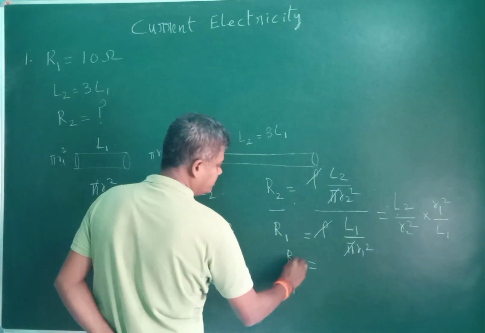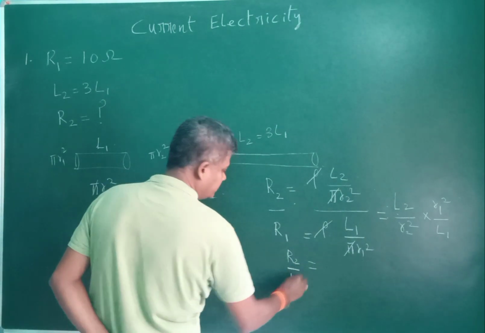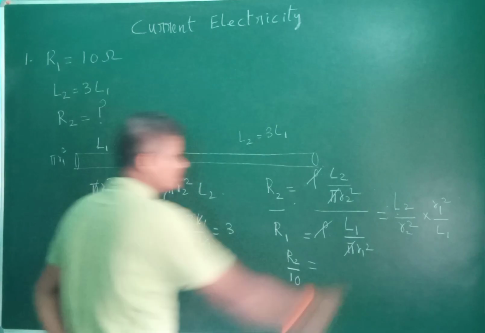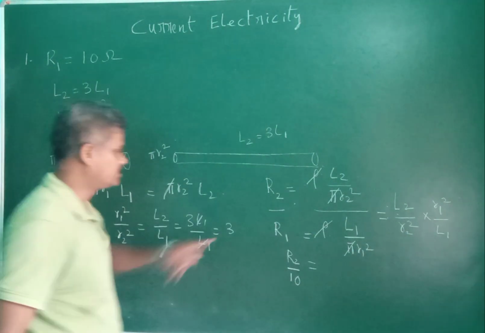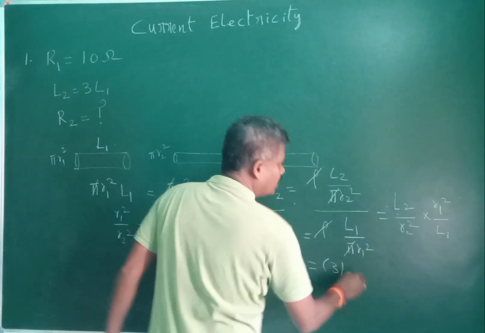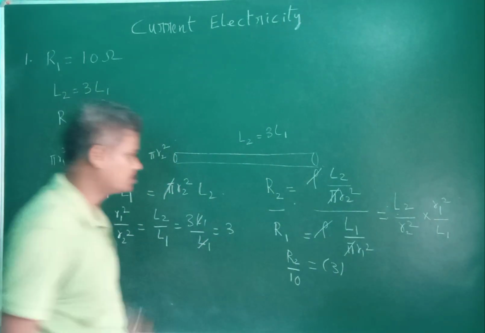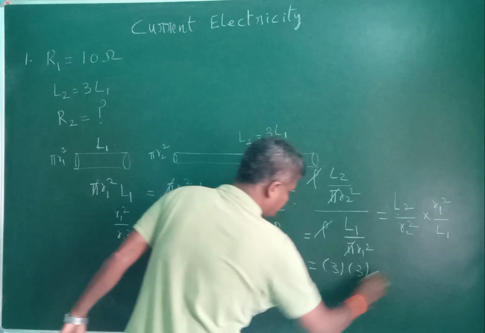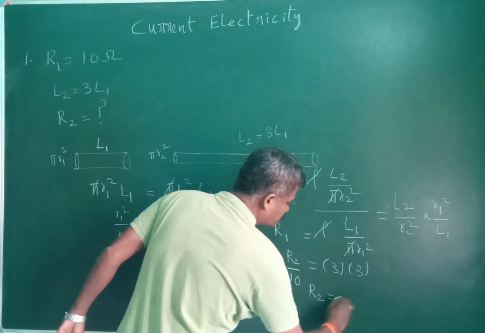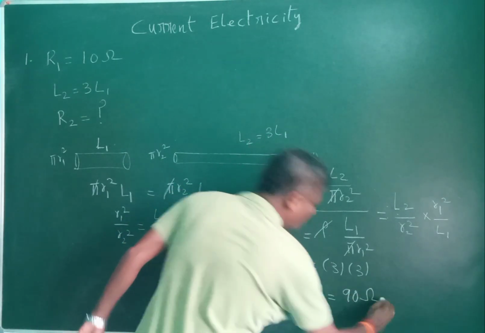R2 we have to find. R1 is given as 10 ohm, L2 by L1 is 3, and r1 square by r2 square is also 3. On solving this, we get R2 is equal to 90 ohm.